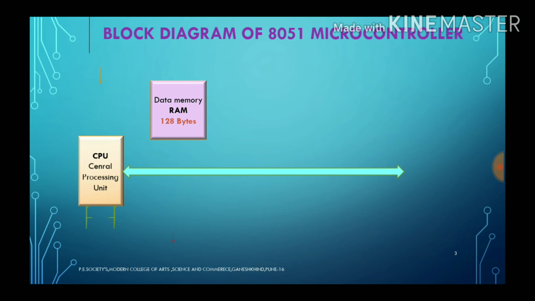The RAM memory, which is implemented on chip of 8051, has a capacity of 128 bytes. In one location, 8 bits can be stored. 8 bits equals 1 byte, and such 128 bytes can be stored inside the RAM memory. As RAM memory has to give and take the data, the bus connected to the RAM memory should be bidirectional.